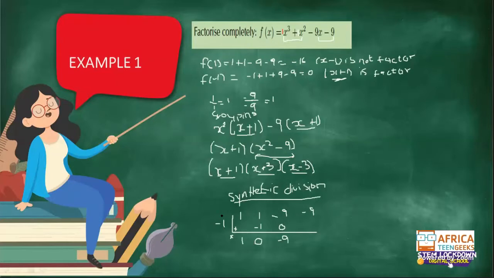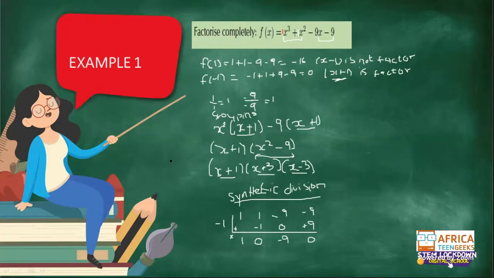Then -1 times -9 is +9. And when you add -9 and +9, you get 0.